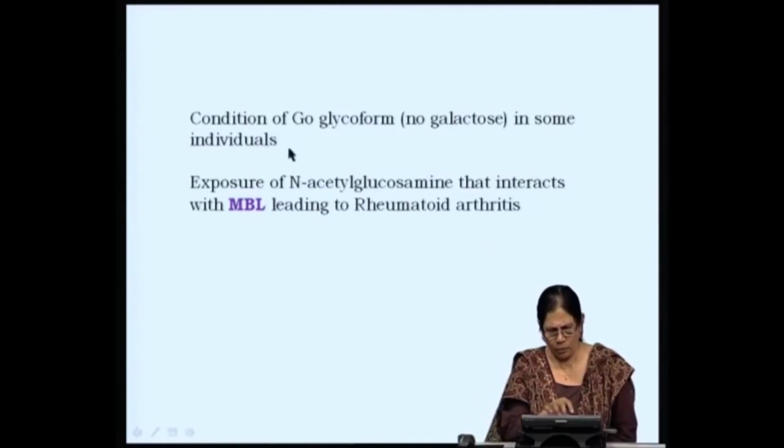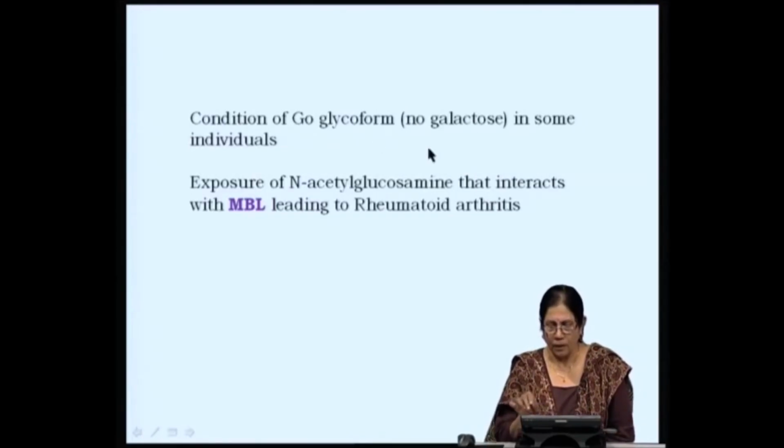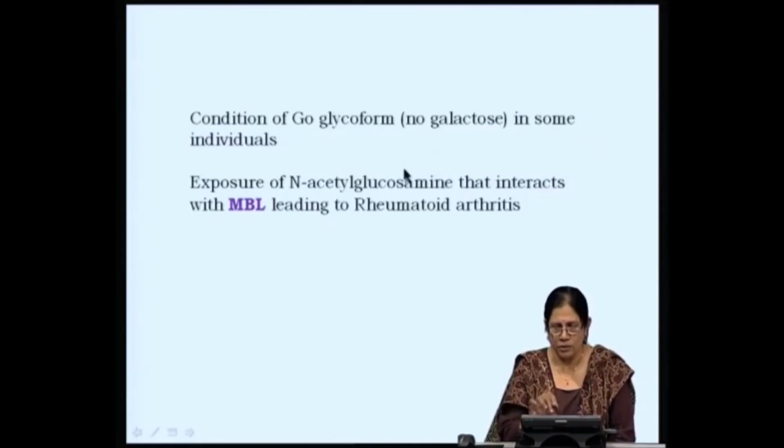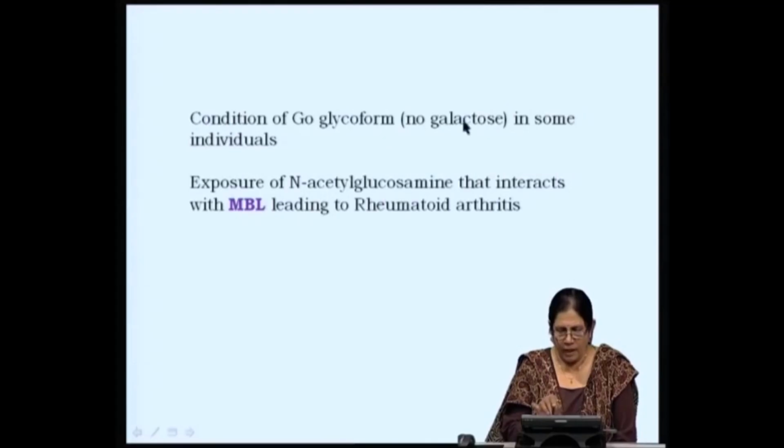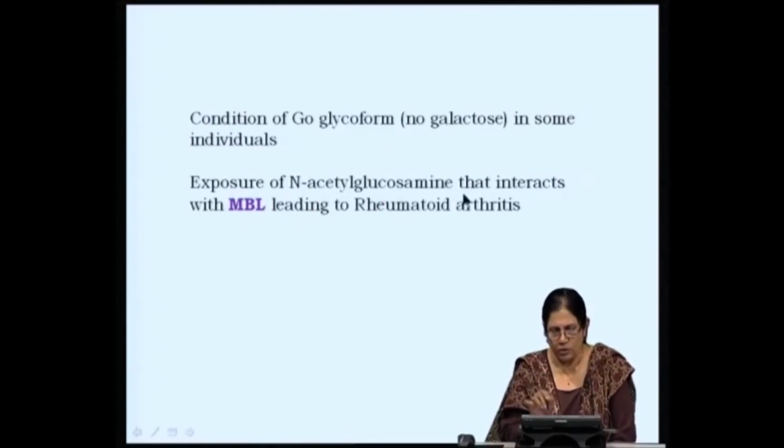There are people who have the condition of G0 glycoform, that is, they do not have those enzymes which transfer terminal galactose. Therefore, in the absence of galactose, there is exposure of N-acetyl glucosamine.